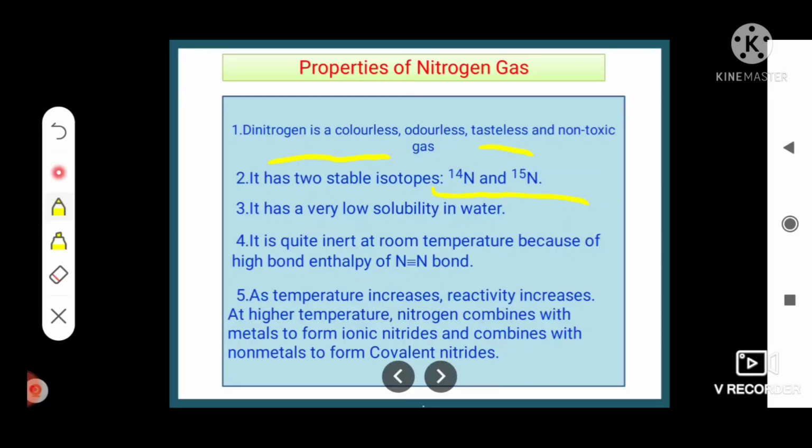As the temperature increases, reactivity increases.